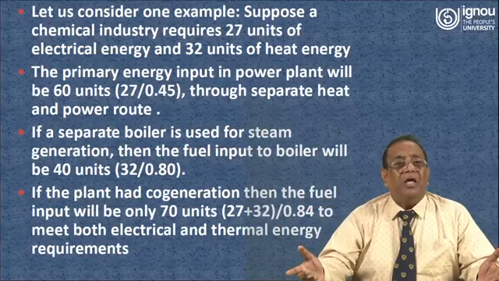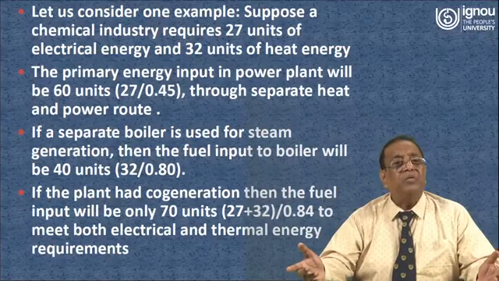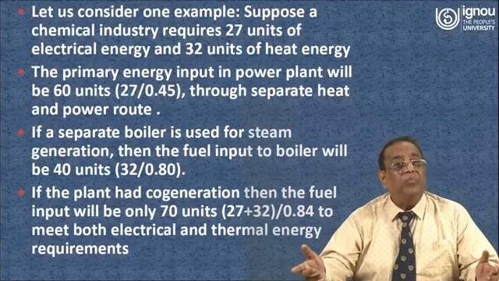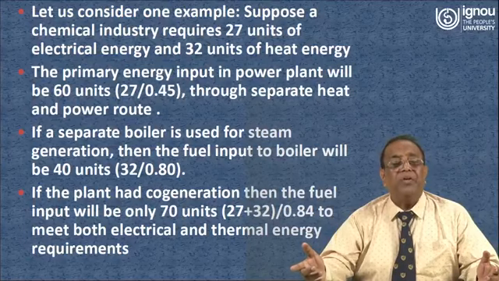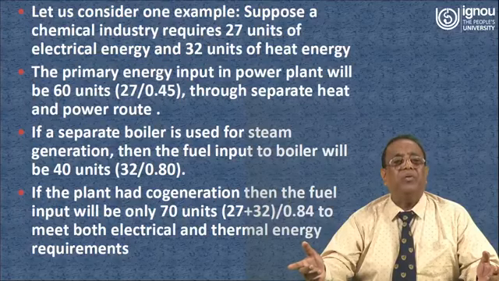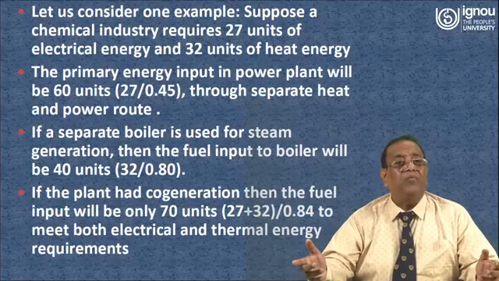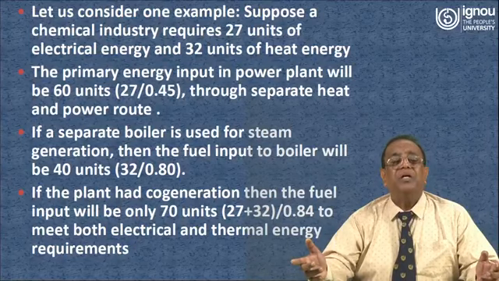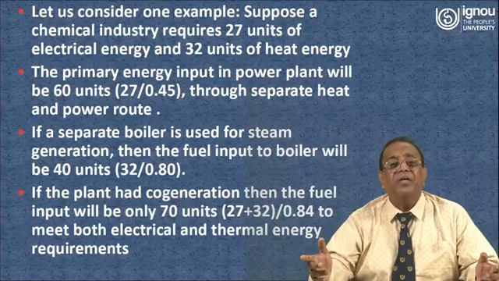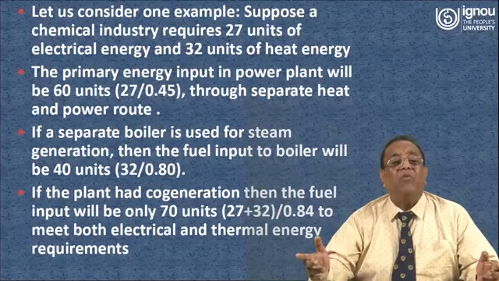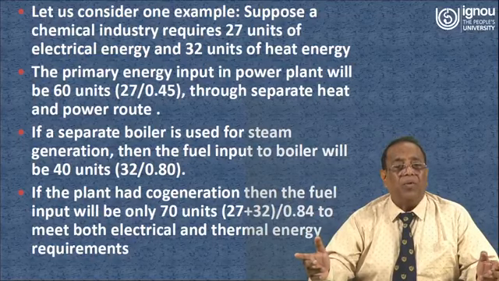electrical energy. If a separate boiler is used for steam generation, then the fuel input to the boiler will be 40 units, because the boiler efficiency is 80%. So, 40 multiplied by 0.8 comes out to be 32. Now, if the plant had cogeneration, then the fuel input will be only 70 units, which gives the 27 plus 32 output.